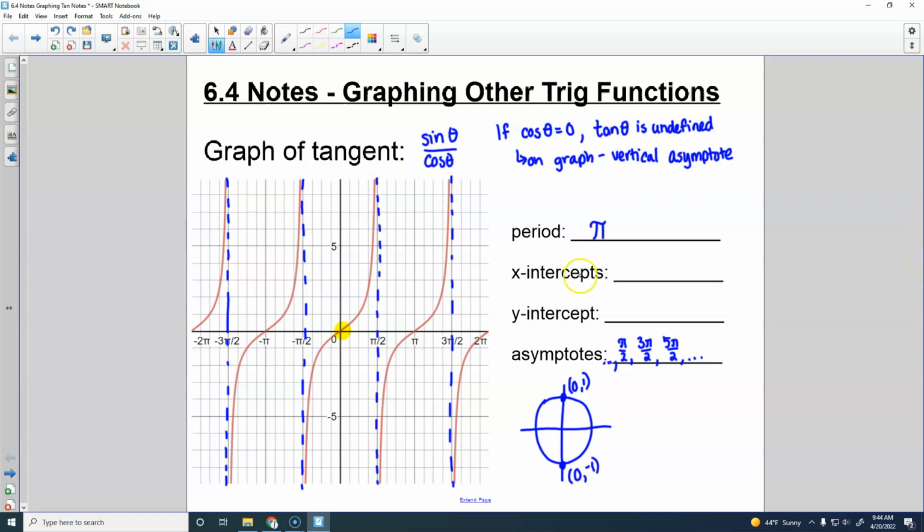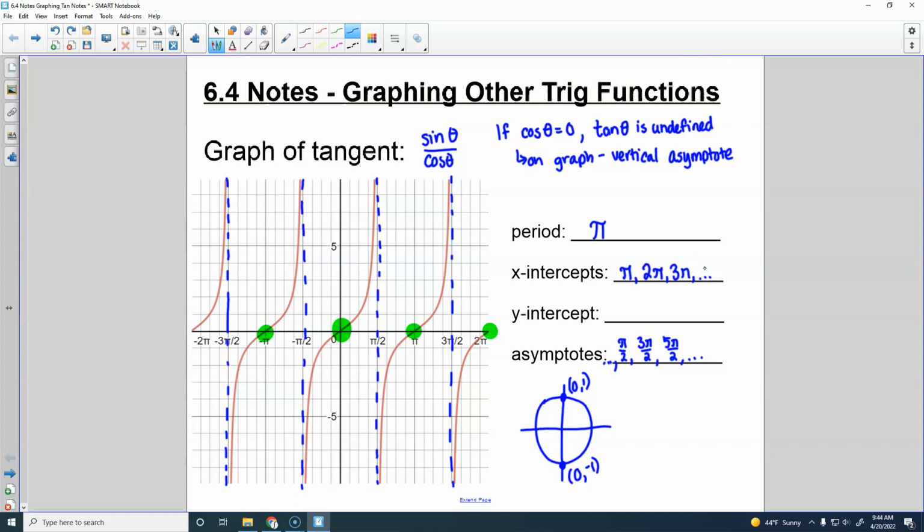All right, so our x-intercepts here, those are going to occur right here. We can see. And what's happening here, it's all increments of pi. So I'm just going to list it like this, pi, 2 pi, 3 pi, dot, dot, dot.